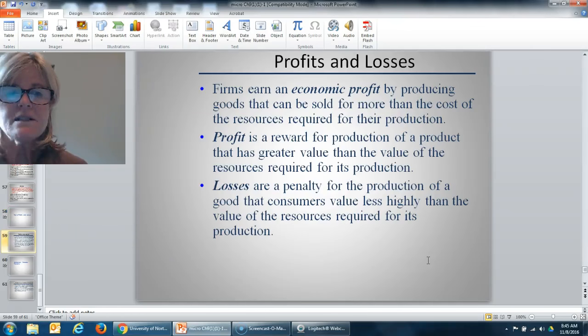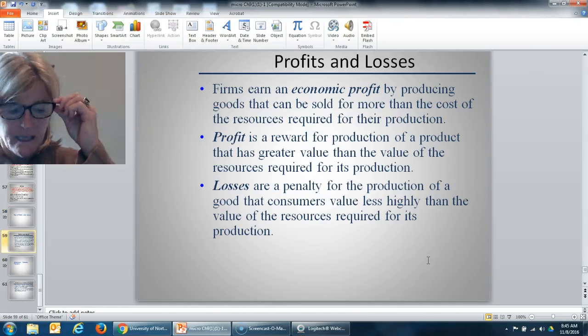So profits and losses: basically, economists think that creative destruction is great. That is, you get profits. That's great because it's satisfying consumers' wants for some new product like fat-free yogurt, right? Heaven forbid that we go without fat-free yogurt, but it's definitely creating GDP growth. It's creating well-being. We have utility from that. And so that's a good thing. Creating economic profit means that you are raising the value of those resources.